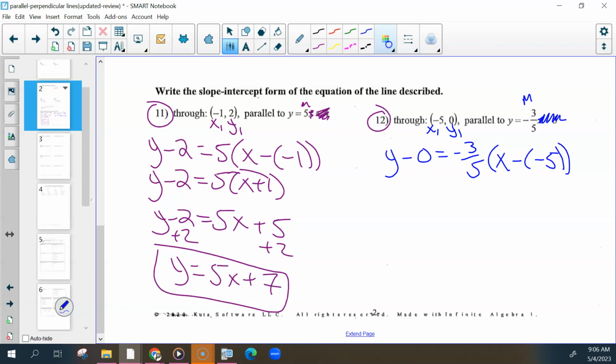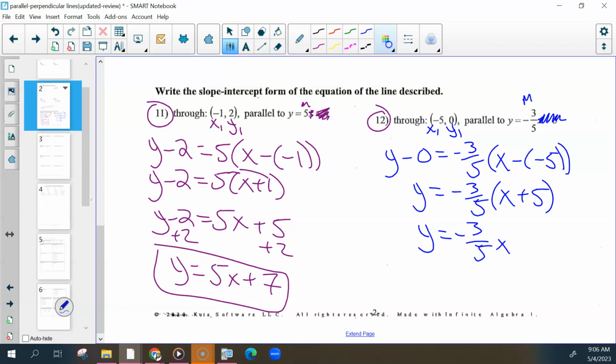We can start to simplify both sides at the same time. Y minus 0 is just going to be y. But we have to change this to a plus before we can distribute. And then distribute. The first term is just going to be this times x.